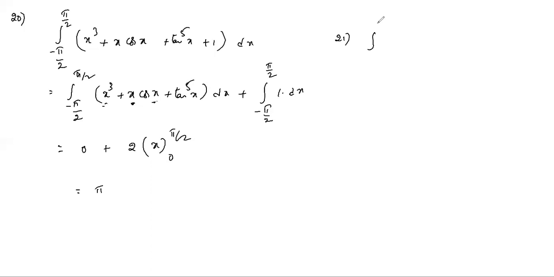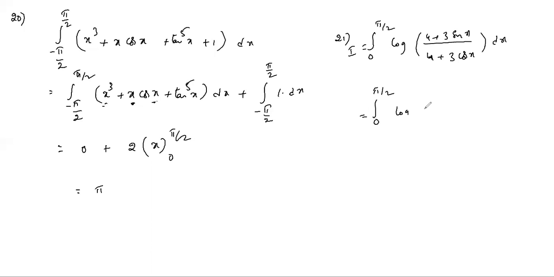Integral 0 to pi by 2 of log of 4 plus 3 sin x by 4 plus 3 cos x. Let it be I. So I apply the a minus x property. So log of 4 plus 3 sin of 90 minus x, which is cos x, and cos of 90 minus x is sin x, dx.